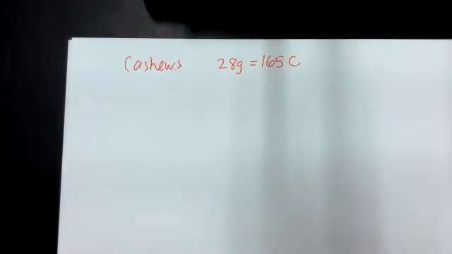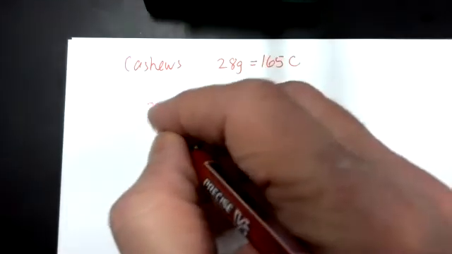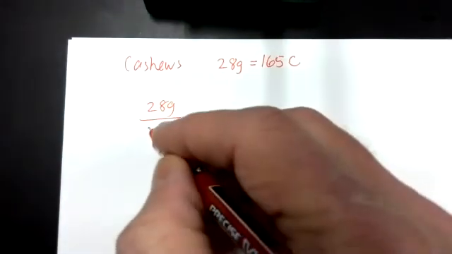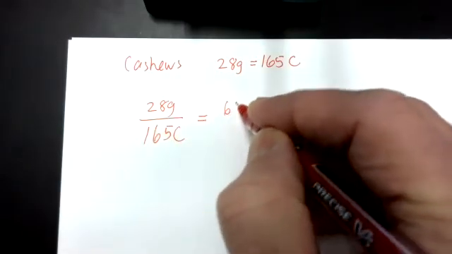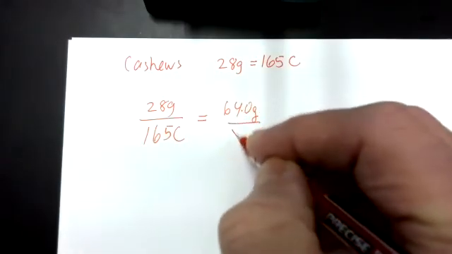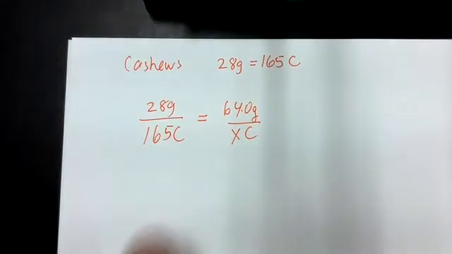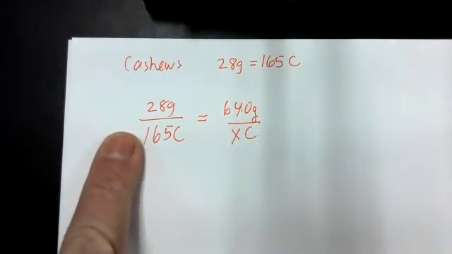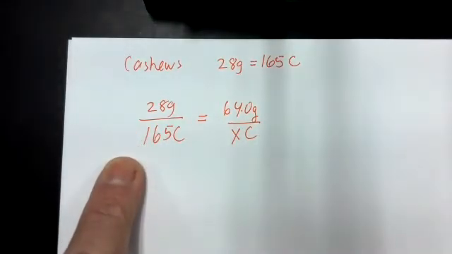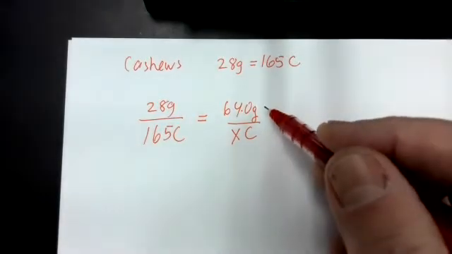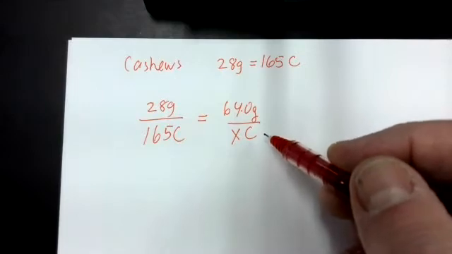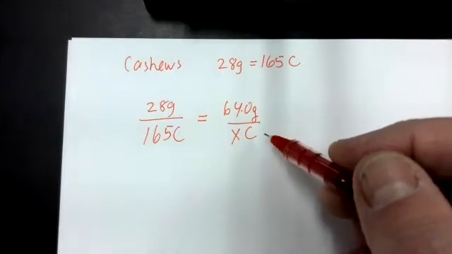It also gives you a reminder, this question is not about 165 calories. 28 grams gives you 165 calories. That's going to be in proportion to 64.0 grams to X calories. If we only ate 28 grams, we'd only get that many calories of energy. But nobody eats 1 serving usually. You just grab a handful of them. If you weigh them and you eat 64 grams, you'd end up with a lot more calories.